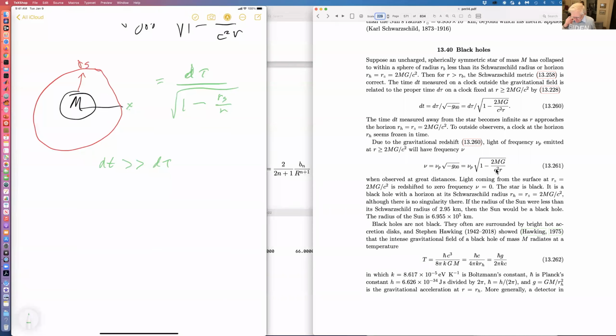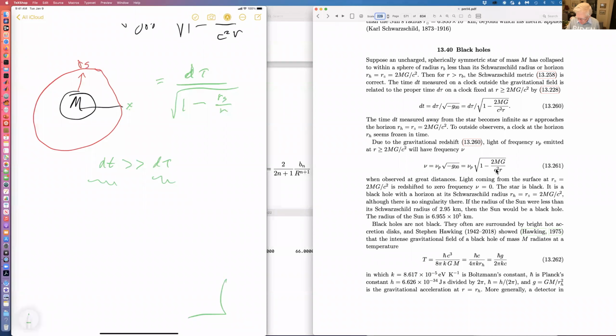So that's basically what happens. And then you see something that takes a second, or I should say, takes a second in the local time detour, and takes 100 years or so out here for an observer far away.